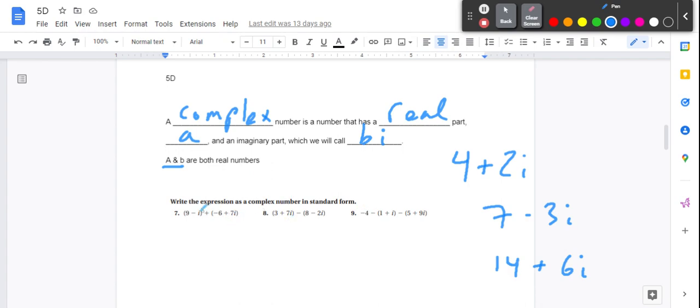So we can rewrite these equations, solve them out, and combine like terms, just like anything else, and we'll have a real number as our a, plus or minus the imaginary part, which is something times i.